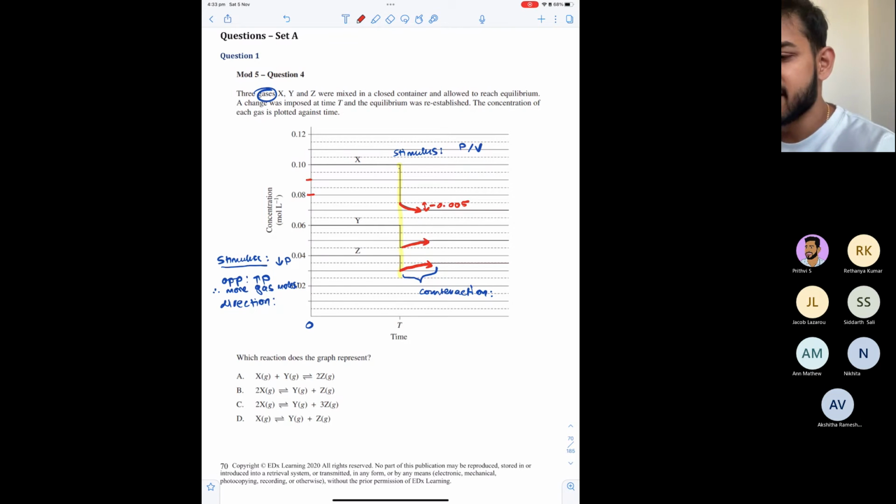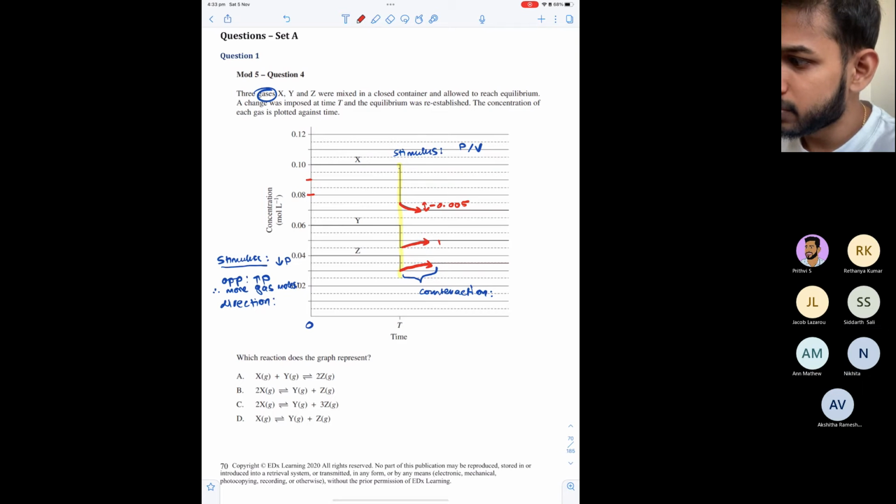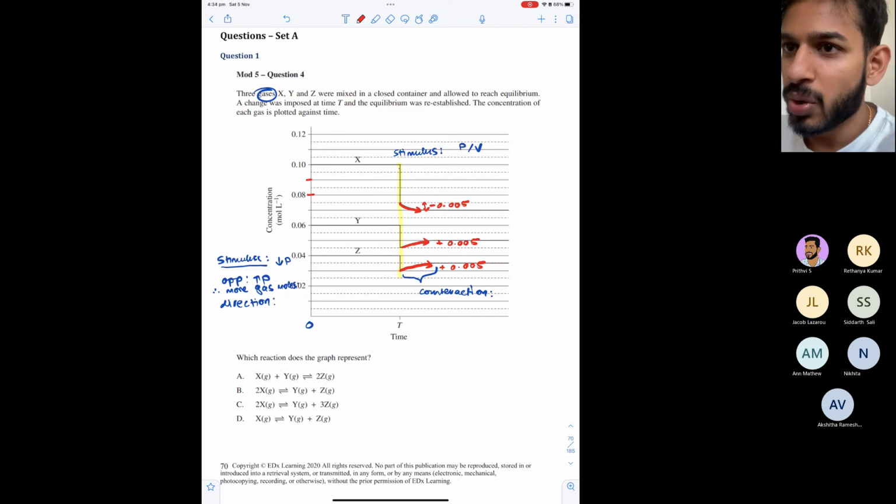What happened to the other gases? So Nikita, what happened to Y and Z? Did they increase or decrease, and by how much? They increased by 0.005 each. Good. Now, everyone, the sign tells you which side the gases are on. Since X decreased, Y and Z increased.